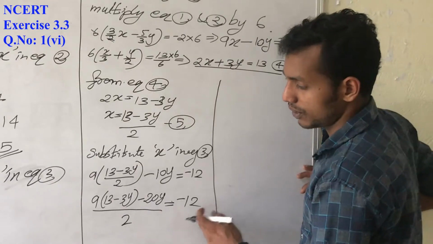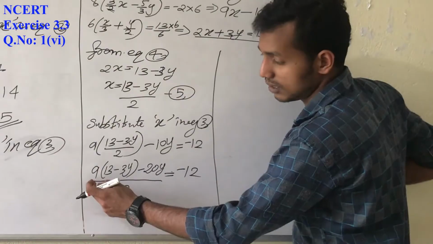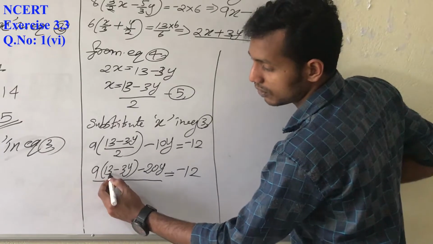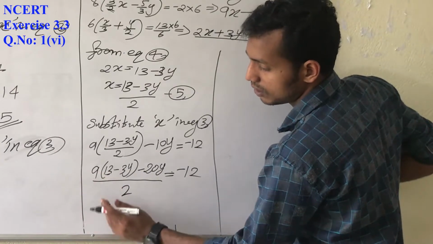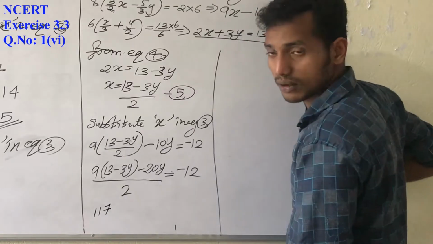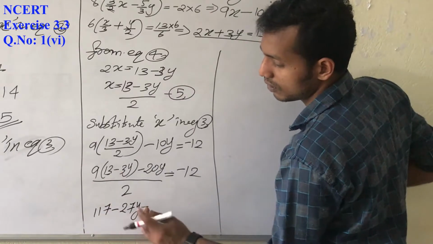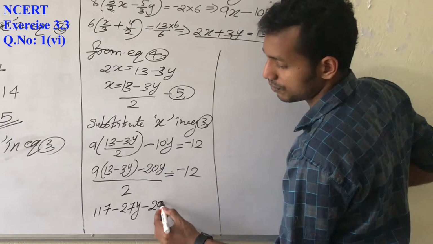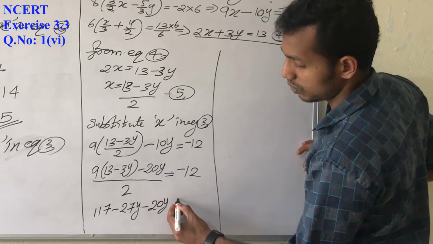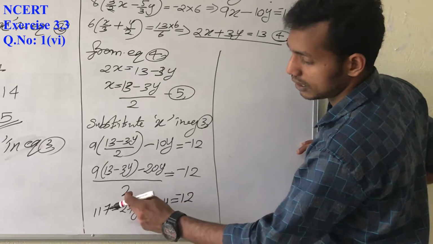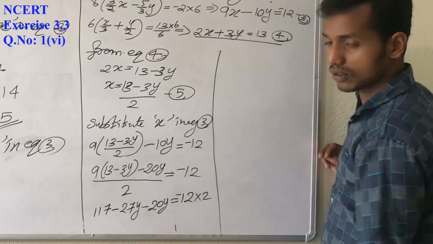Now these 2 take into here, so we can multiply at the same time. 9 into 13 will be 117 minus 9 into 3, 27y minus 20y is equal to minus 12 into 2.